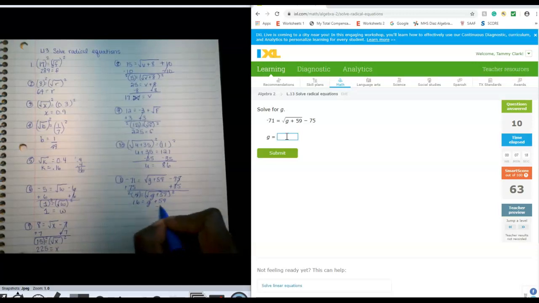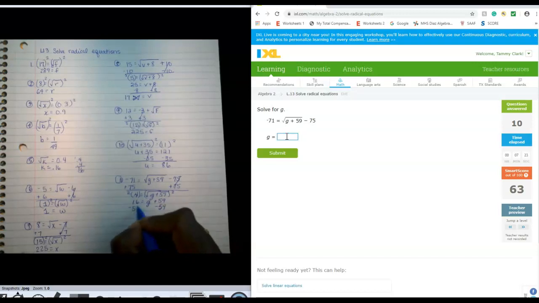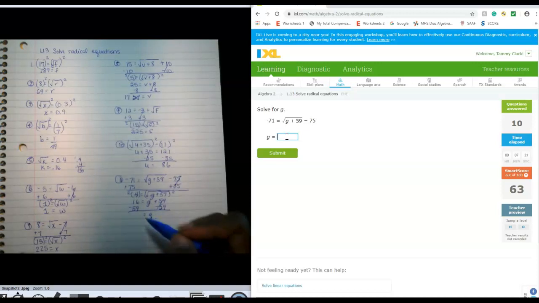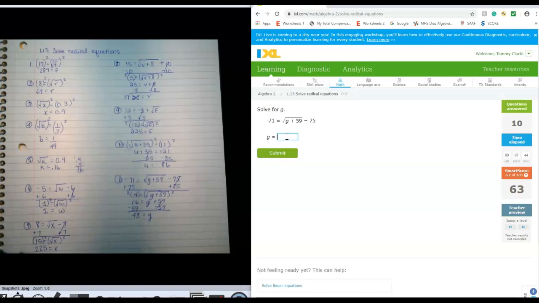We're going to subtract 59 from both sides of the equation. And g would be equal to, well, 59 minus 16. Let's see, 59 minus 16. Yeah, so g would be 43.